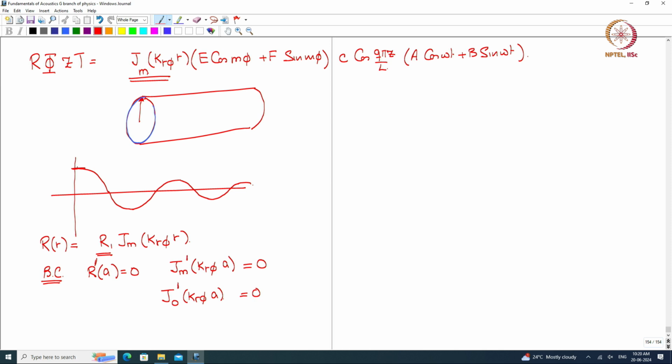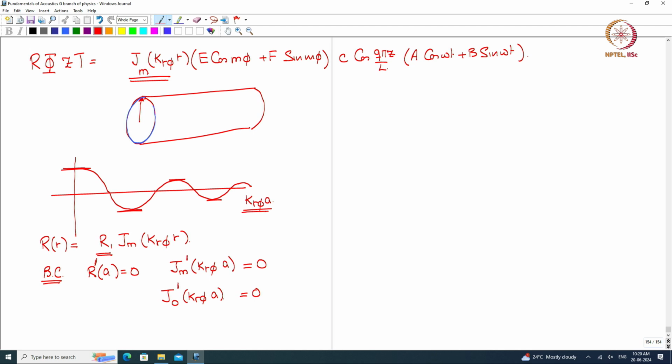It goes to 0 here, it goes to 0 here, it goes to 0 here, goes to 0 here and here. So if I plot K r phi A, let's say, okay.